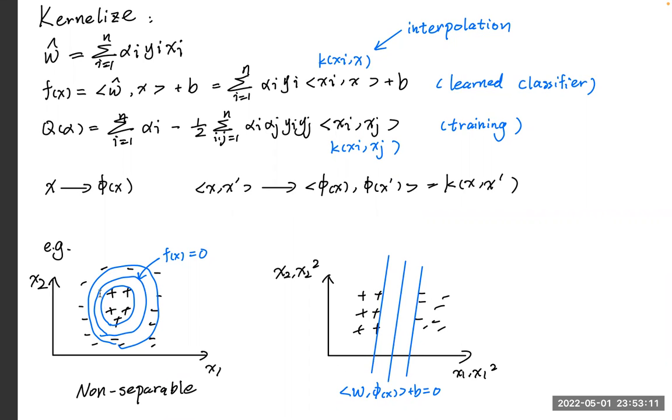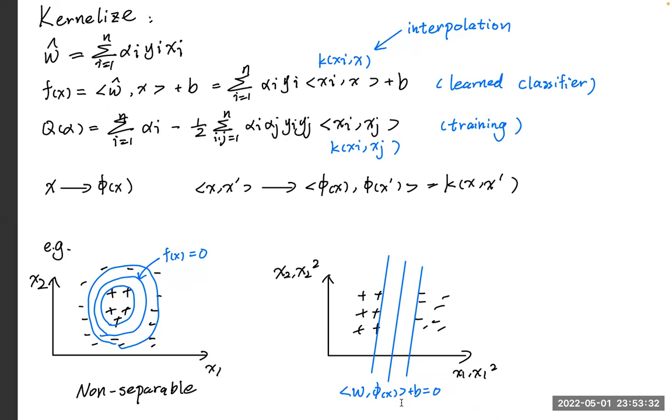Actually, you can write this as a circle, right? A circle involves x1 squared and x2 squared. That's why you can separate them, and this separating hyperplane is w phi of x plus b equal to 0.